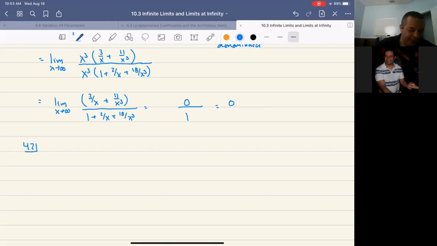I had skipped that one; I was supposed to do that one. The limit as x approaches infinity of x squared minus 3x plus 7 over 3x squared plus x plus 15.